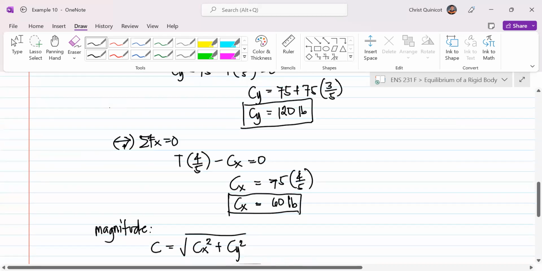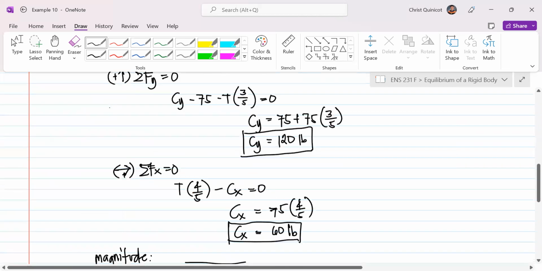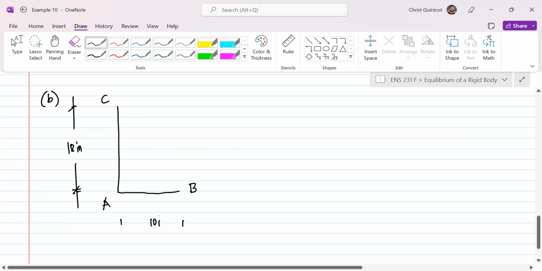If this is our bracket, that's 18 inches and 10 inches. So we have C, we have A, and we have B here. This is 18 inches, and then from here to here, this is 10.